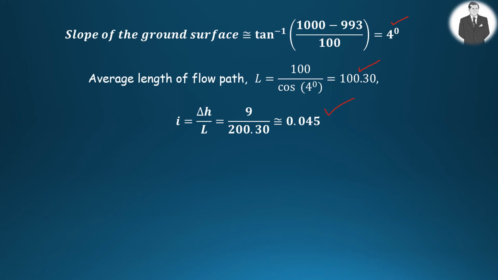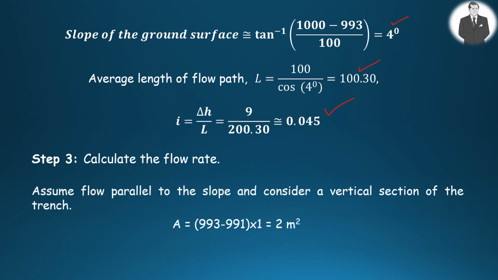0.045. The final step is to calculate the flow rate. Assume that flow is parallel to the slope and consider a vertical section of the trench.